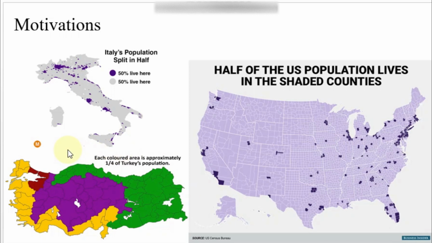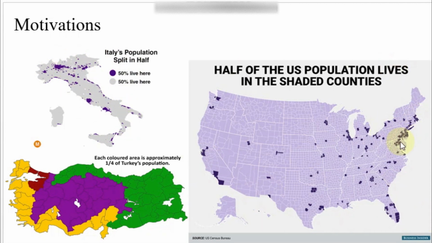I'd like to mention some of the motivations that inspired me to do this research. So here you can see some examples of spatial representation of demographic data. So this is Italy. Half of the population live in spotted areas. Same here for the US.